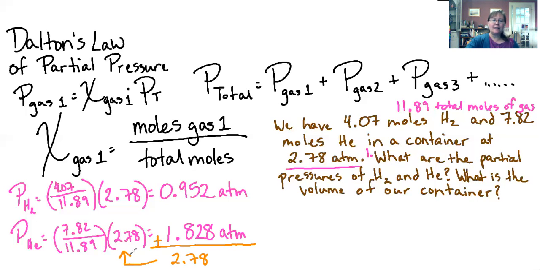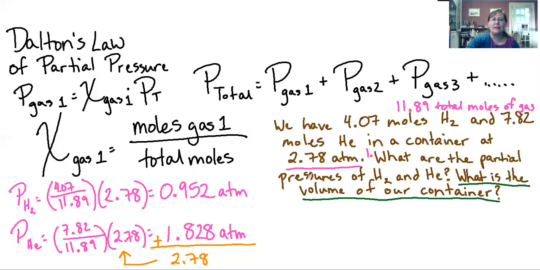Okay, now let's take a look at this. I tossed another piece into the problem, and I said, what is the volume of our container? The reason I tossed that in is so that you could recognize a couple of things. From this, we would use, again, the ideal gas law.